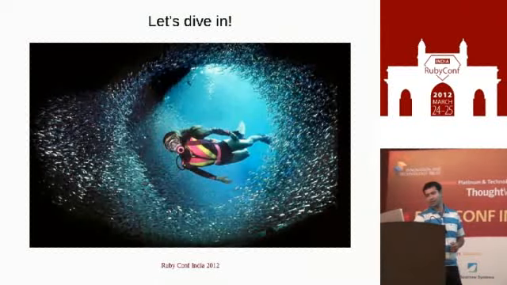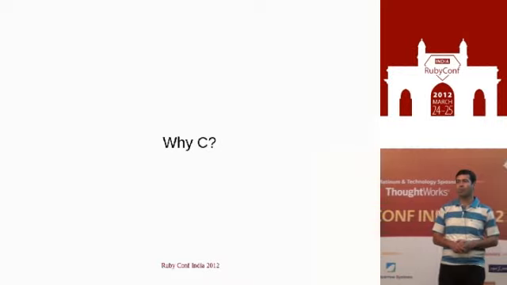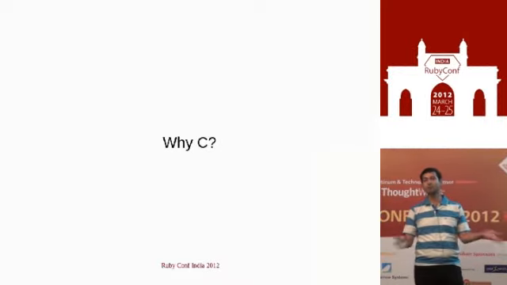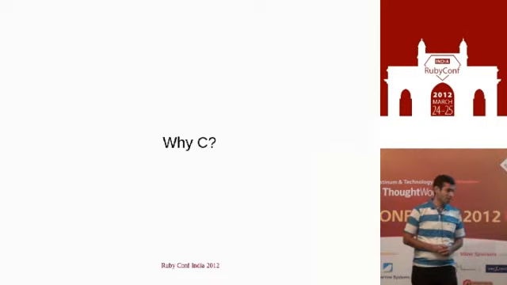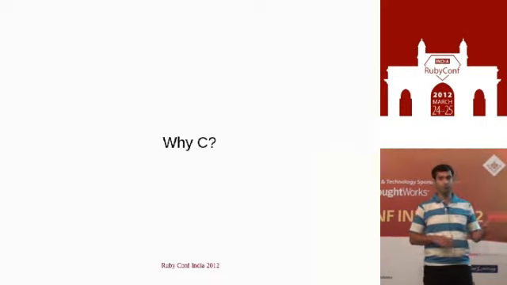Now the first question that can come to our mind is why C? Why did Matz choose C for the implementation of Ruby? Maybe the obvious reason that I could think of is again the performance.